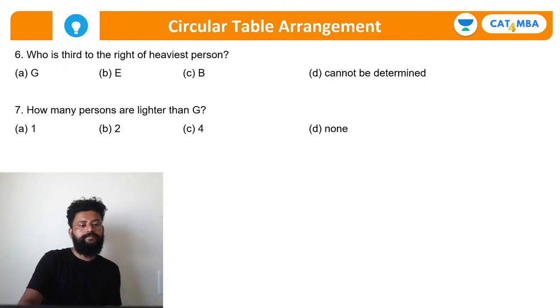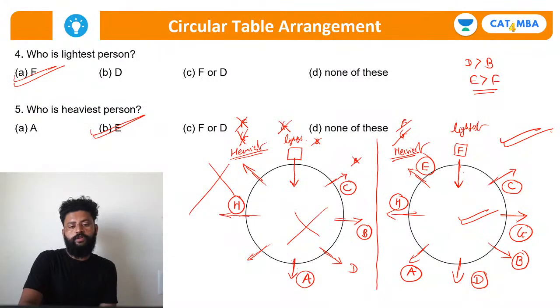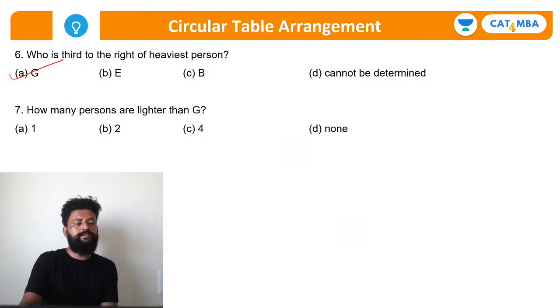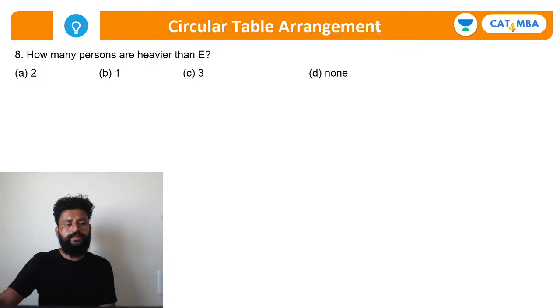Third to the right of the heaviest person is G. How many persons are lighter than G? Only 2. C and F are lighter. Next, how many persons are heavier than E? E is the heaviest person, so no one is heavier than him.